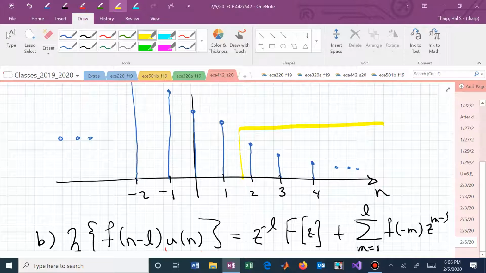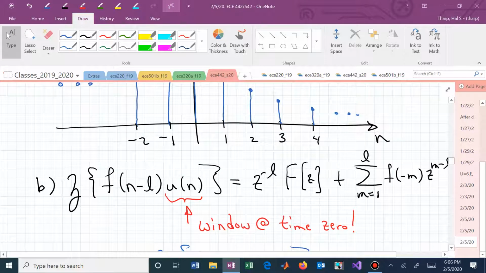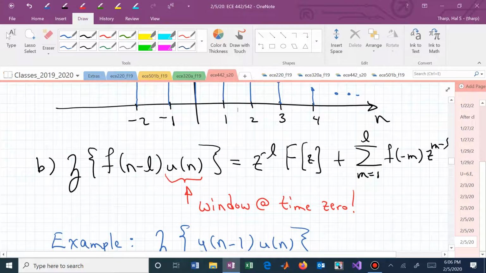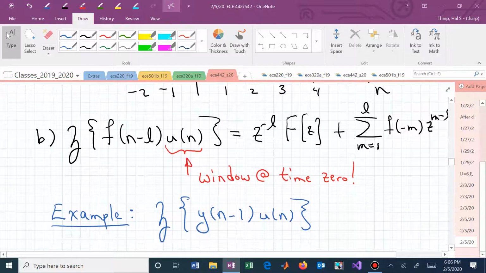I wouldn't have any extra terms. So that's the distinction between part A and part B. The window now is at time 0, and my delay is not aligned with that switch.